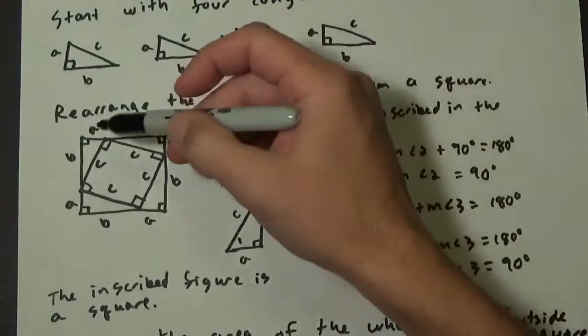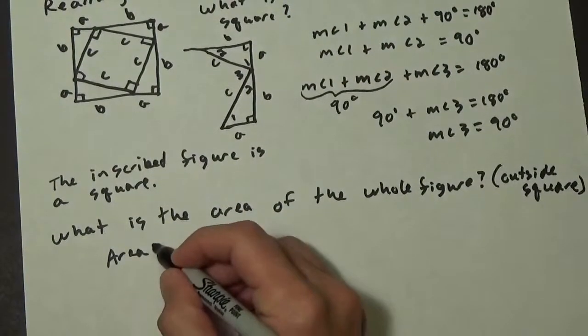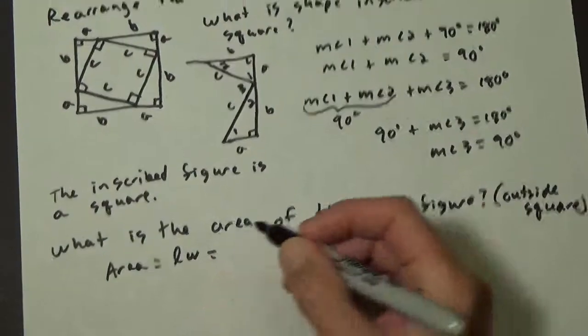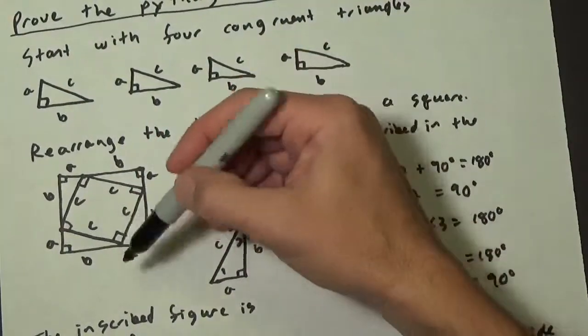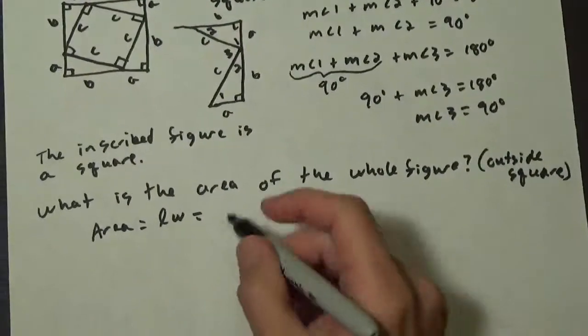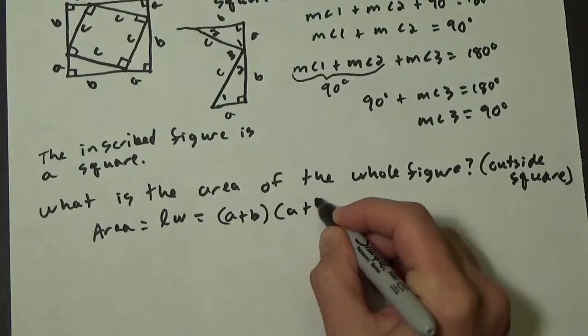All right, so if you look at this figure here, area in general is length times width. So in this case, the width and the length are both a plus b. So we have a plus b times a plus b.